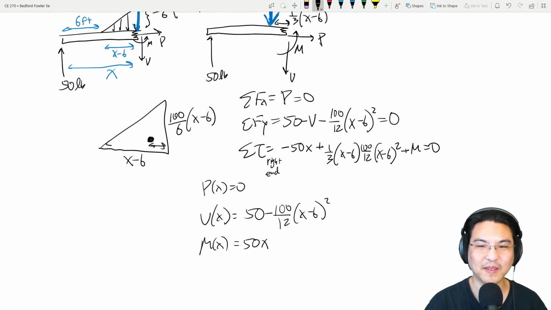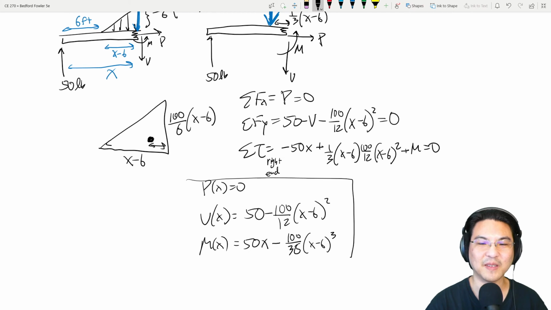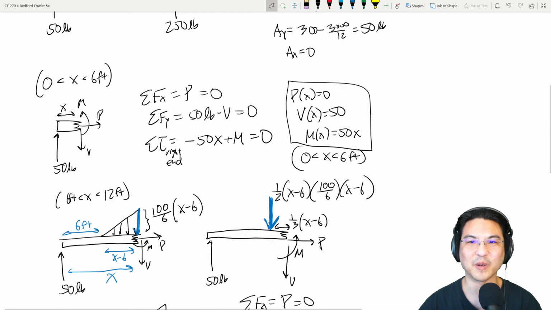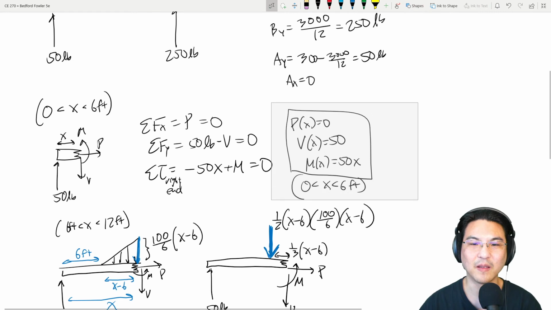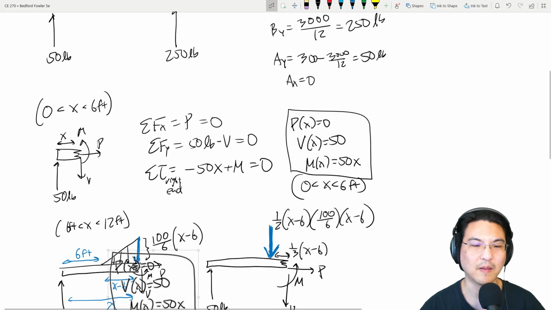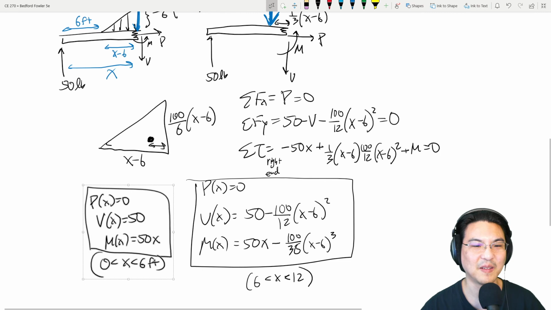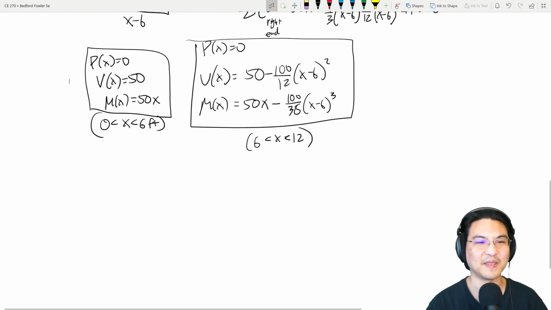So it's 50x, and then minus 100 over 36, and then there's that cubed. Okay, so there we go. This is for x between 6 and 12. And then let me bring the other one. That's the function.